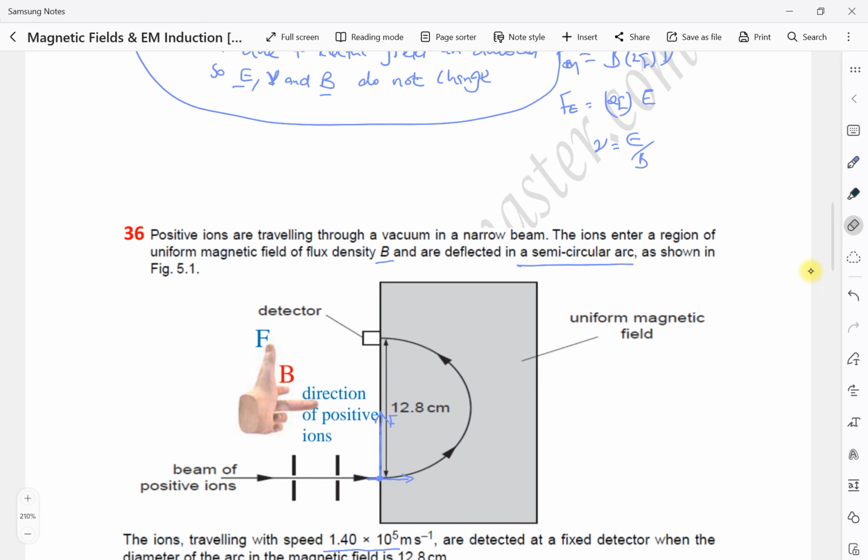I will have to erase this because it is no longer important. The new path is going to be bigger than this one, but of course they entered from the same point. Okay, so this is going to be the new path. The detector should be around there if they are to be detected.